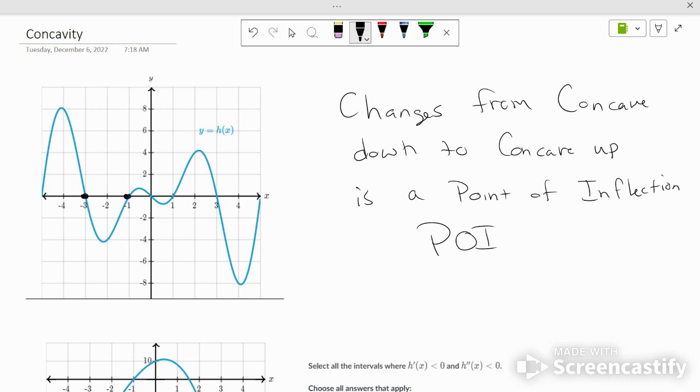Here, it changes, and it changes, and it changes. So that's where it goes from down to up, up to down, down to up, and so on. It's not always going to be like that, no.